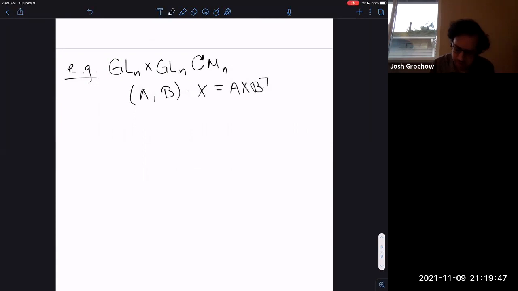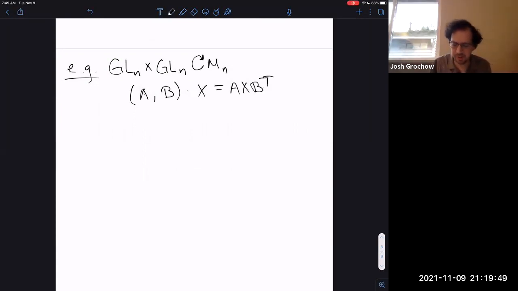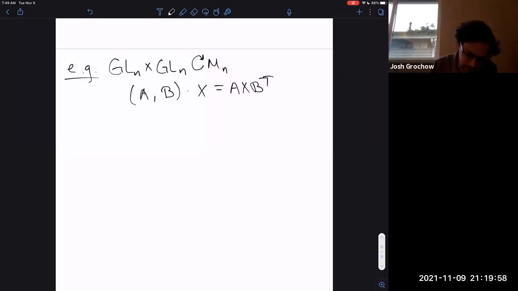And again, there's a transpose here just because I want this to be a left action. Okay, so recall that orbits here are completely determined by rank.